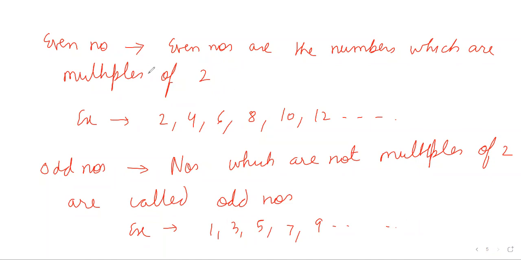So I have put the definition as even numbers are the numbers which are multiples of 2. I am talking with respect to 2 only. So which are multiples of 2, they are even, and which are not multiples of 2, they are odd. So please write this and tell me, do you understand till here or not?